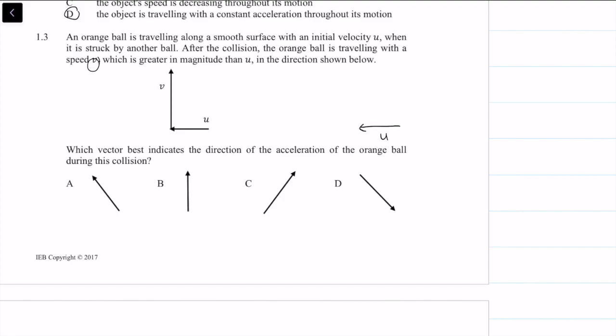For B, the collision would be straight upwards, and v would be like that, which is also not what we're looking for. With option C, we have the collision like that, and our final vector v like that, which is what we're looking for. So the answer is C. Question 1.3 is C.